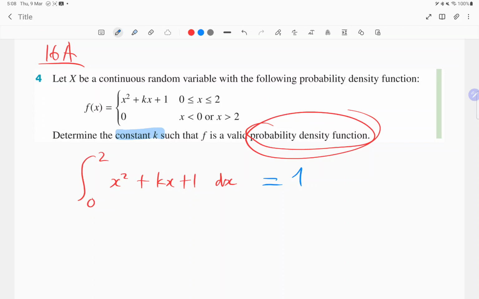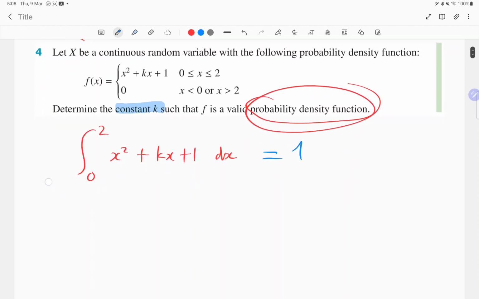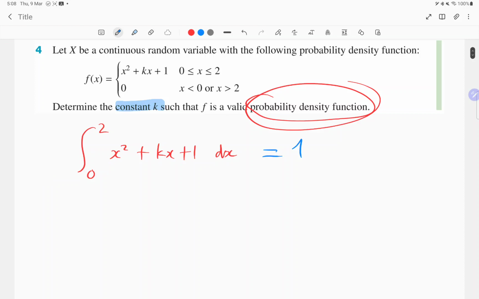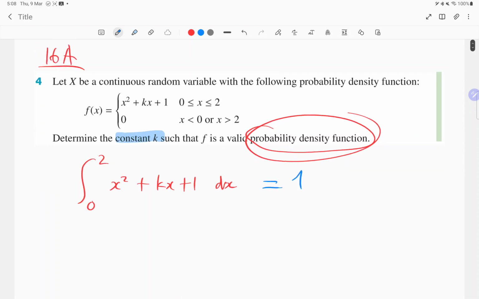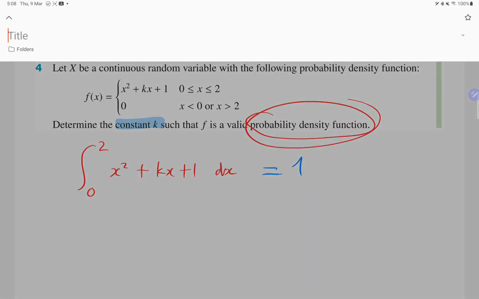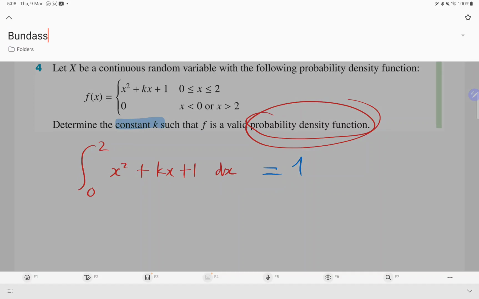All right, get your paper out and try this one. Knowing how to get up to this point is already a big head start for you guys. We're gonna try to work this one out.